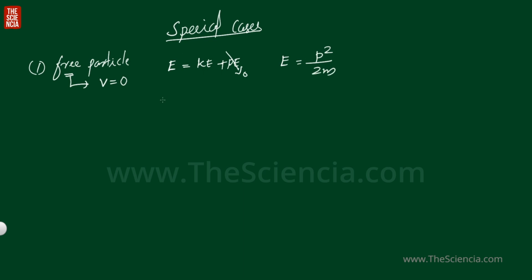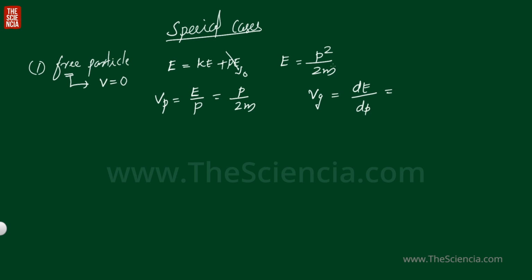Now we have to find out the phase velocity, that is Vp, in terms of E and P, it is E by P. So here we know the E value, that is p square by 2m by P, that is we get P by 2m. And now we have to find out Vg, that is Vg is equal to dE by dP.